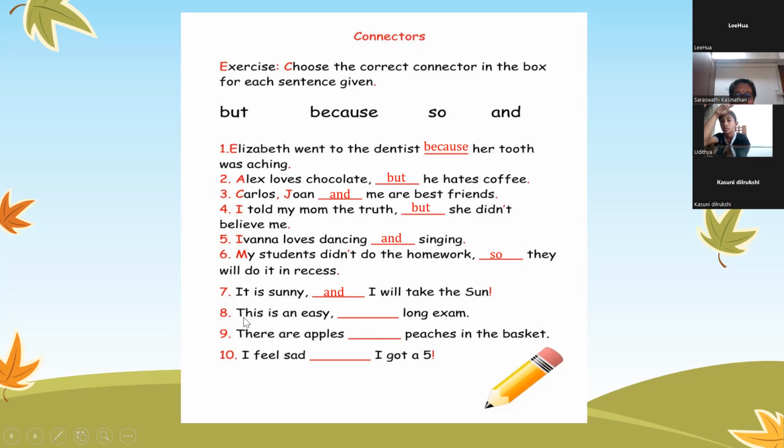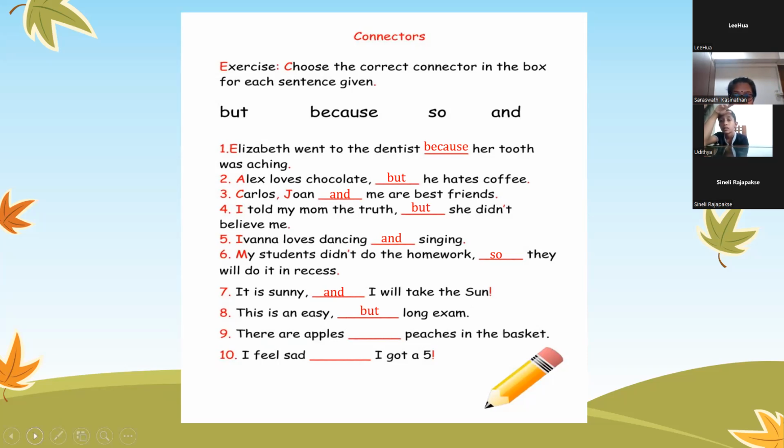All right. Number 8. This is an easy and long exam. Okay. Easy, long. All right. See, they're contradicting, right? Easy, but long exam. Okay. All right. Next. 9.